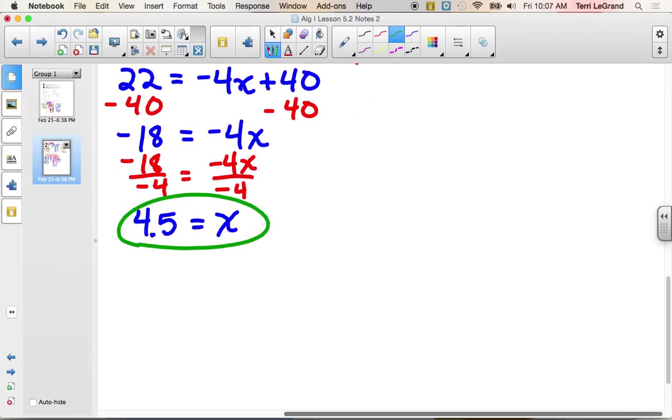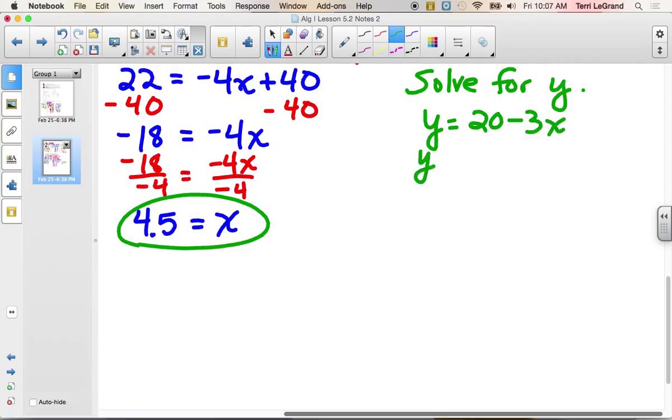Okay, just slow down here. Solve for y. I'm thinking I'm going to want to use the one that we did solve for y already, which is y equals 20 minus 3x. So y equals 20 plus a negative 3 times 4.5.